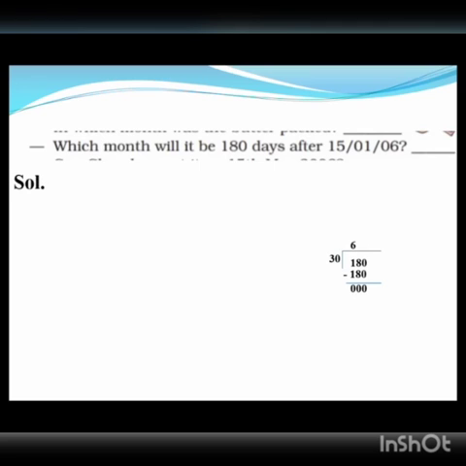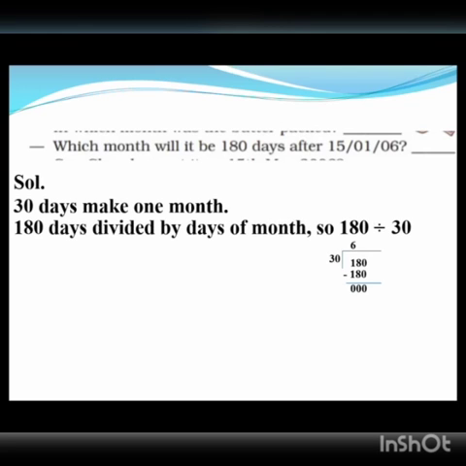Let's solve together. As we all know, 30 days make 1 month. So we can say 180 days divided by days of a month. That means 180 divided by 30 gives us the number of months.